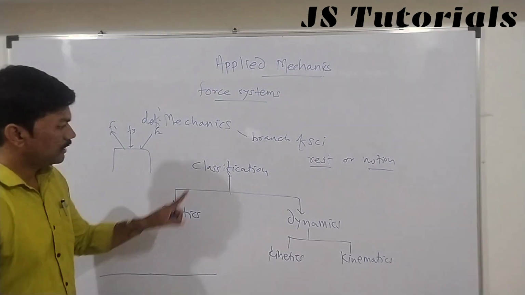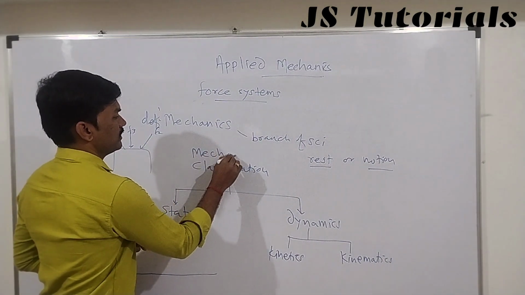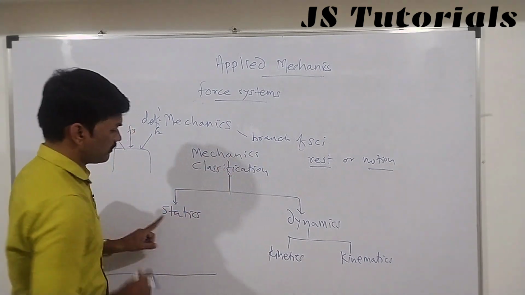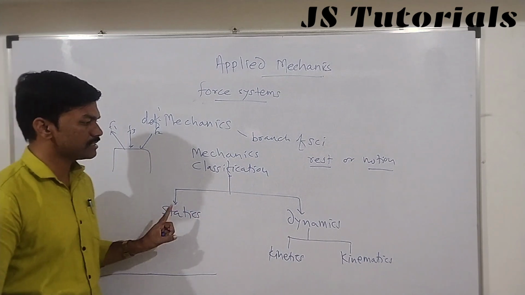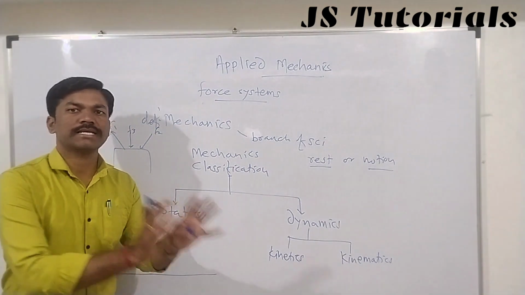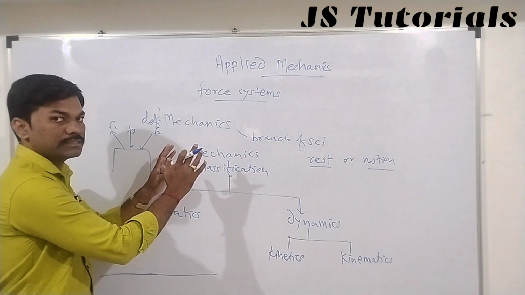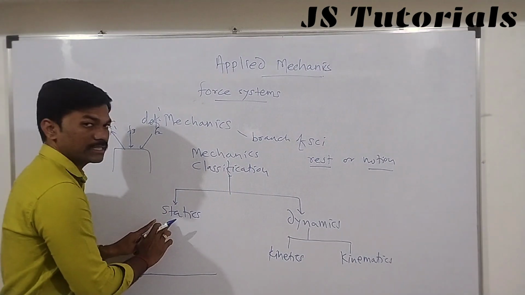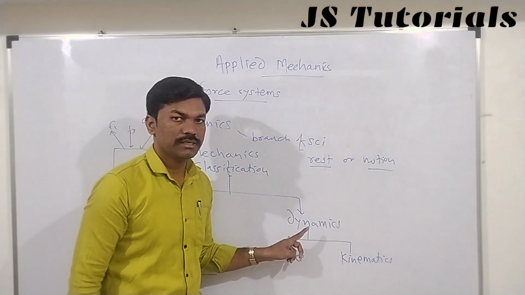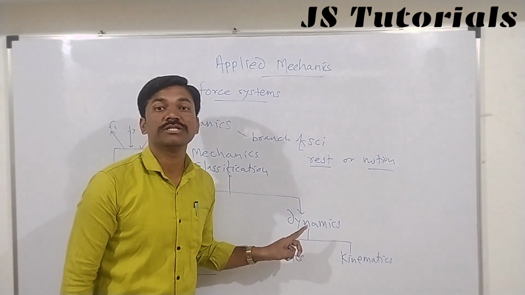See, mechanics is classified into two main types, statics and dynamics. The concept of statics means the study of all the bodies which are at rest. And dynamics, as we know, is concerned with bodies in motion.